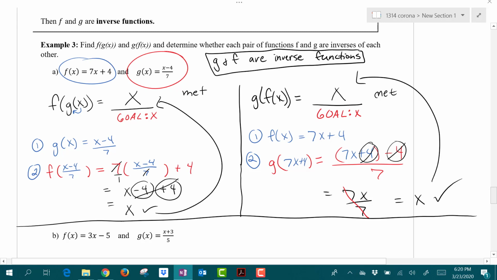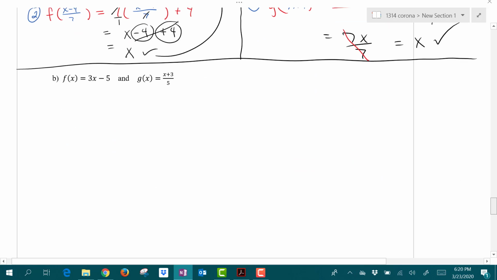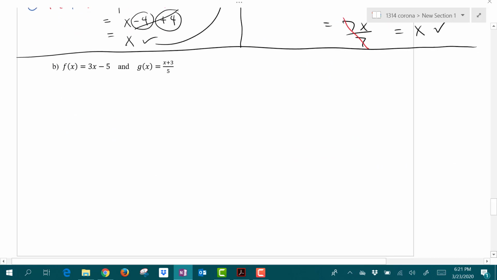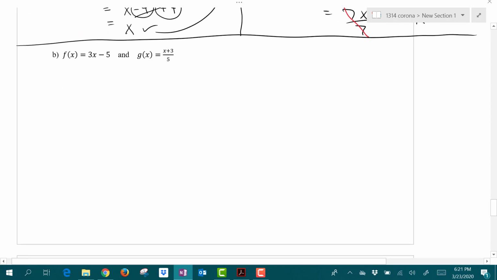Alright, and that is what we call our inverse function test. Alright. So the next example, we have two functions and we want to know if they're inverses. So our goal is to do the composition both ways.